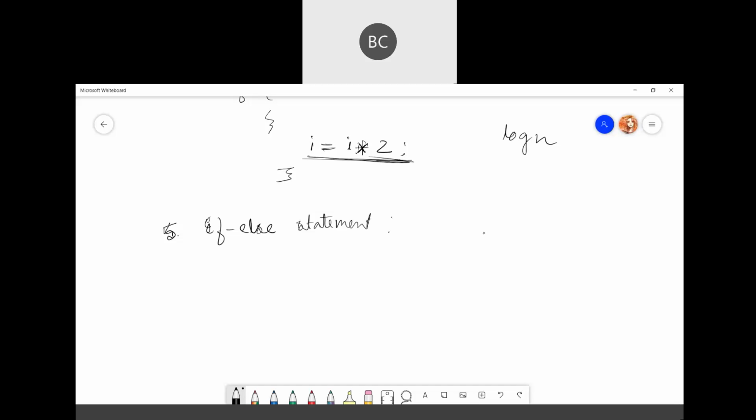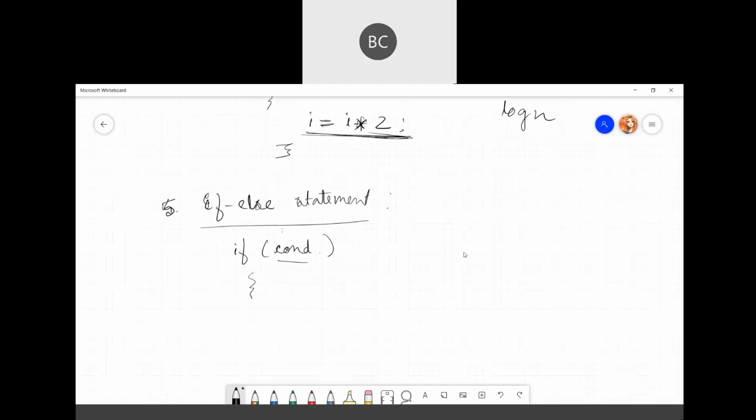So what happens in if else? Normally we have an if, then there is a condition, maybe I less than 5, I less than 2, anything. There is always a condition. This is the basic structure: if, then a condition.